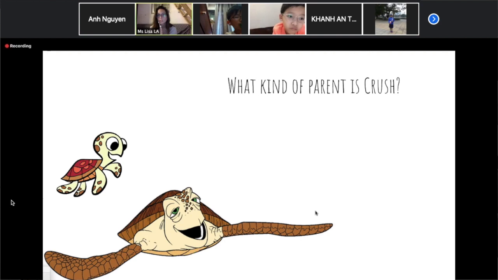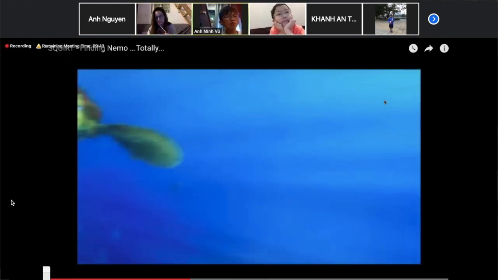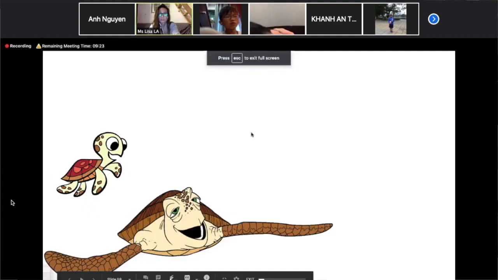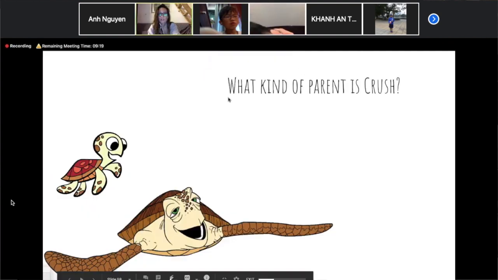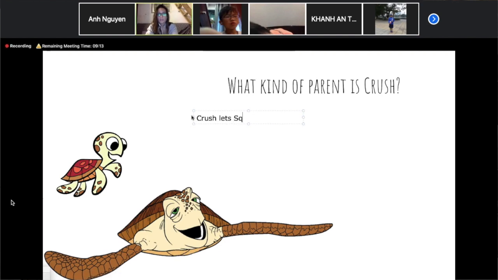When Squirt gets sucked out of the current, does Crush go to rescue him, or does he let Squirt come back in on his own? Squirt comes back on his own. So we can say that Crush lets Squirt solve problems on his own.